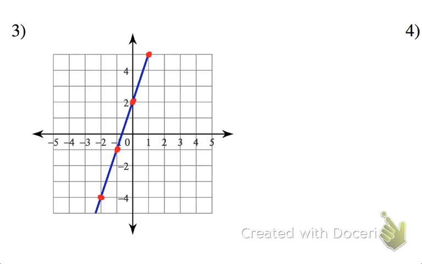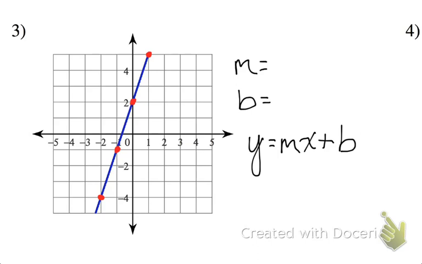You know how to do that. You will find the slope and the y-intercept, and then it's just plug and play. So you need to find your m, which is your slope, your b, which is your y-intercept, and put it into that general formula, y equals m times x, or mx, plus b.